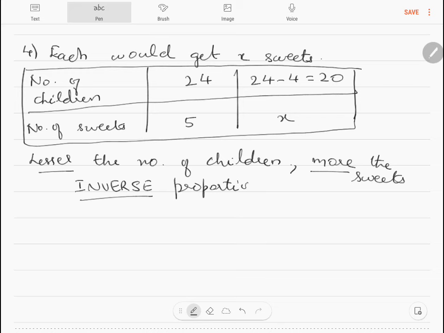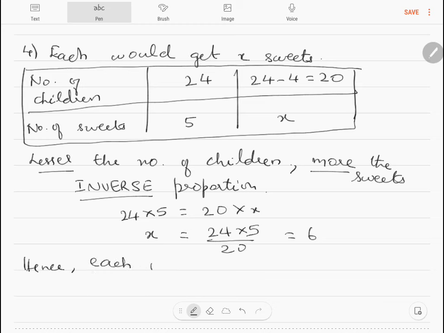Then we should use the formula 24 into 5 is equal to 20 into x. Because that is the case of inverse proportion, x equal to 24 into 5 by 20, which is equal to 6. Hence each would get 6 sweets.